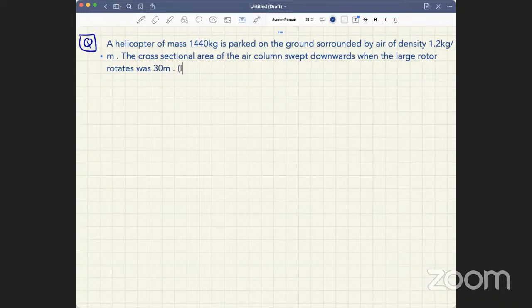So let's ignore the upthrust acting on the helicopter. Ignore the upthrust. Upthrust means the V rho g. We just have to consider the lift force acquired by the helicopter. Right. Then under that I have a couple of questions for you. Number 1.